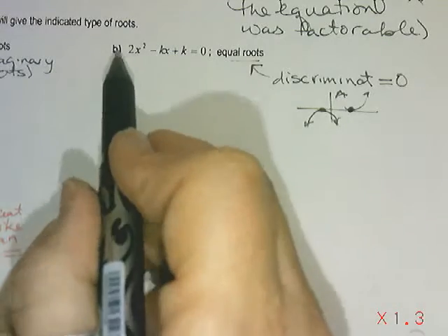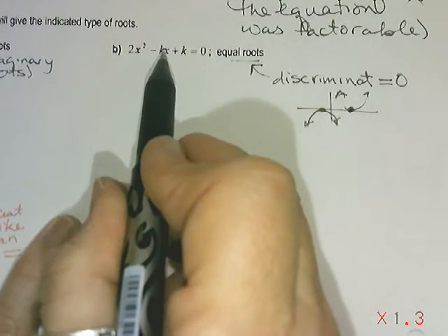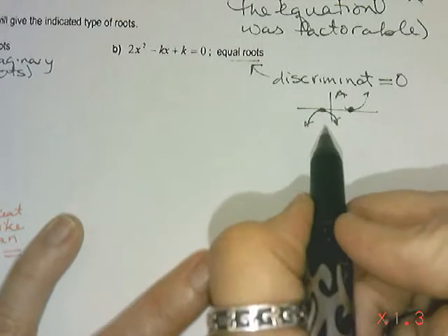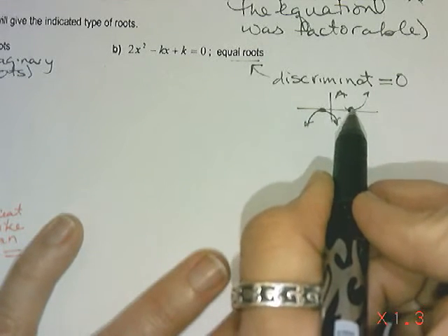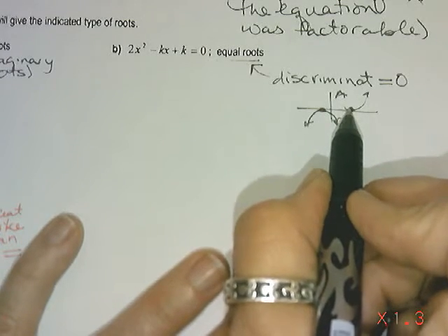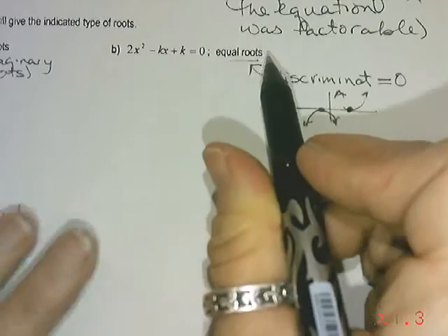But of all the numbers that I could stick in for k, I want values of k that will create parabolas where my vertex is on the x-axis, so I have 2 roots on top of each other, equal real roots.